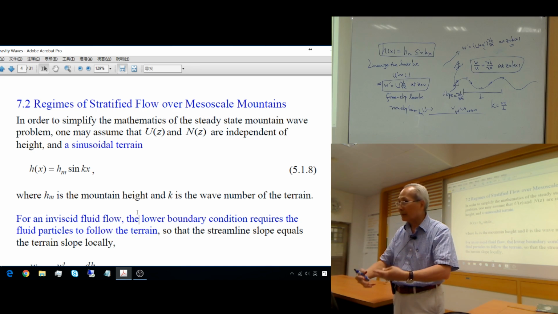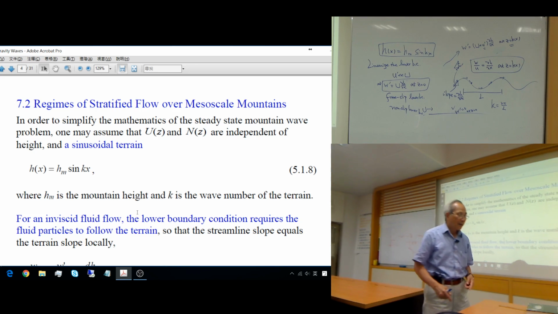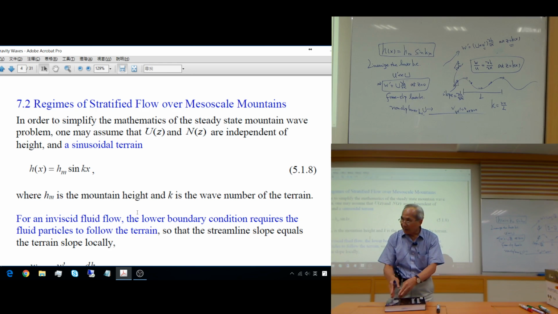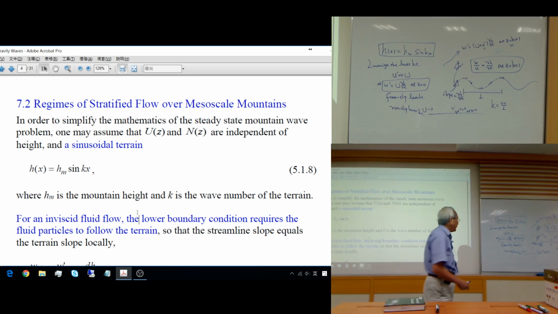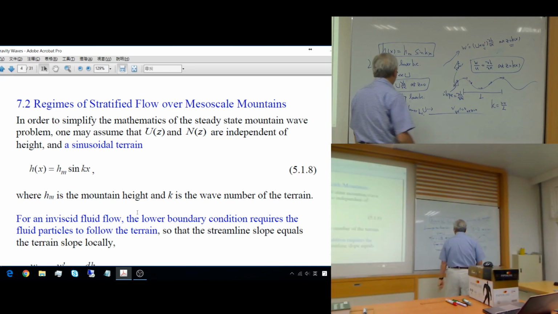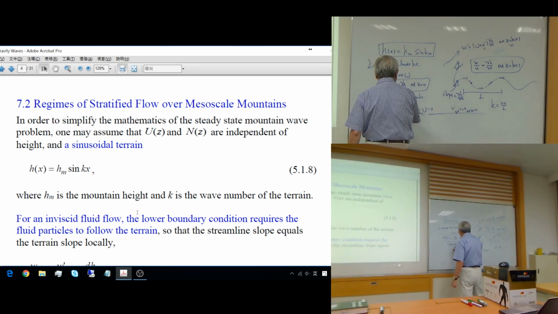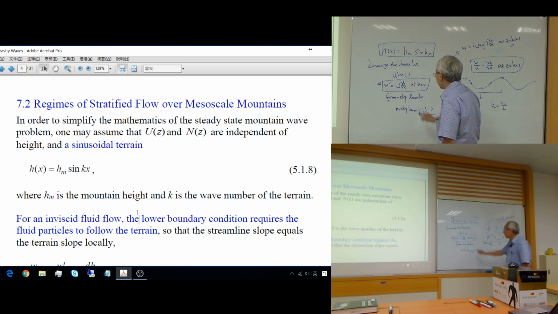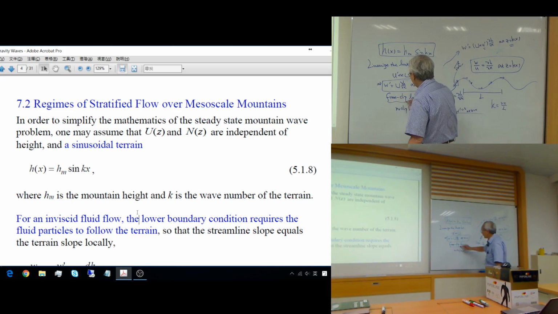So you have a boundary layer, then your U, V, W at the boundary is 0, and on top of that you can have flow. That's called the no slip boundary condition. So there are two types. We are going to use this one.